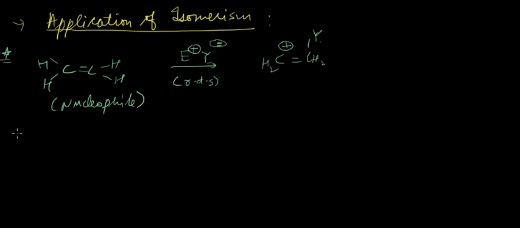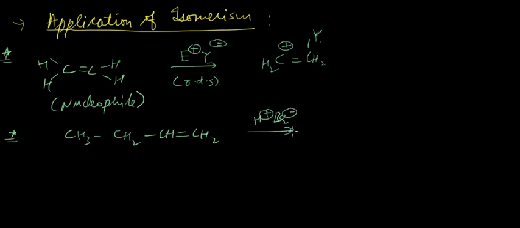So let us take another example wherein we need to find which carbon atom would actually have the carbocation on itself. We have something like this, and we react it with HBr in presence of CCl4.